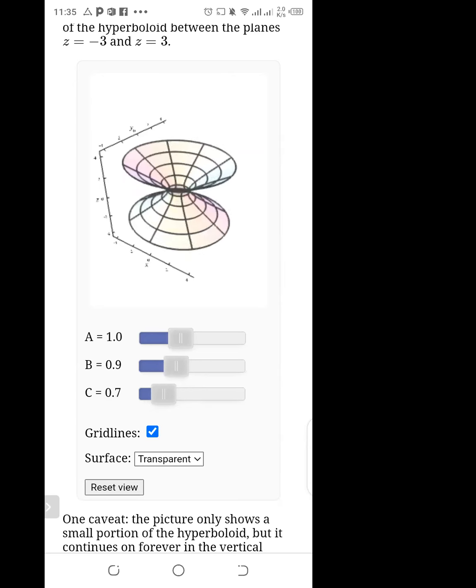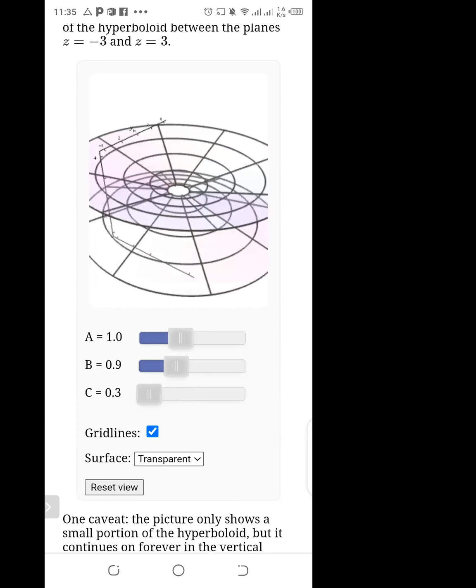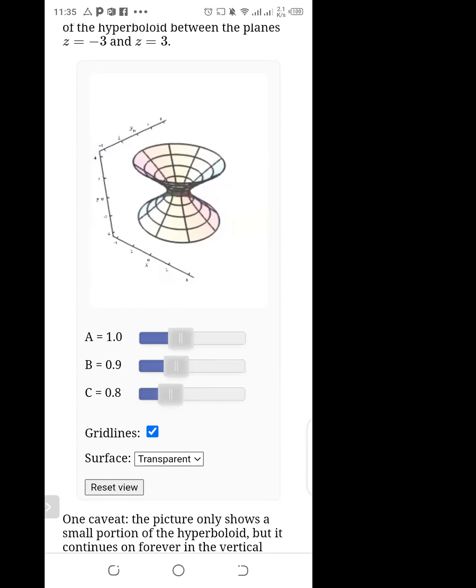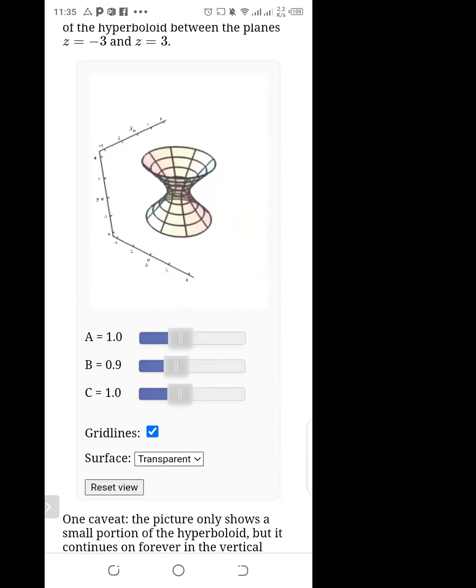This is when C is small. This is when C is equal to 1. When C is increasing, the hyperboloid of one sheet is getting smaller. Okay, so does this help?